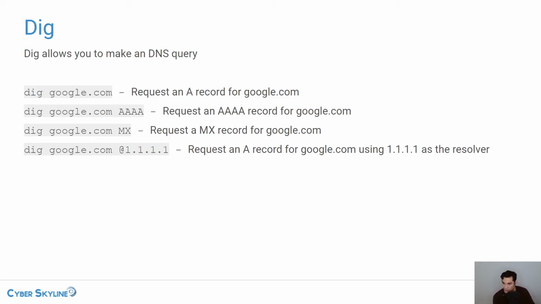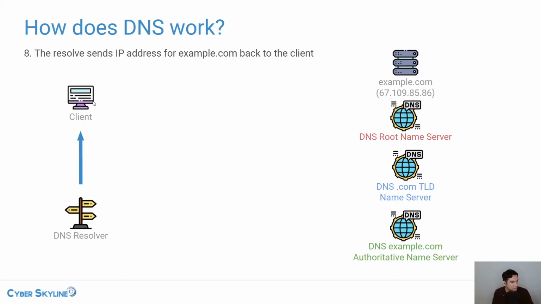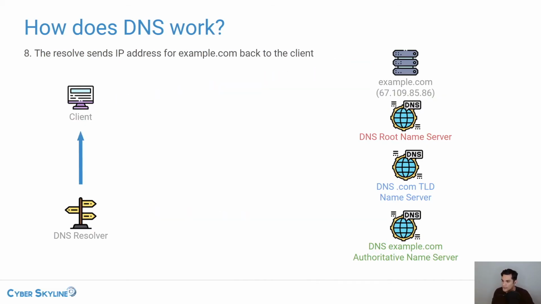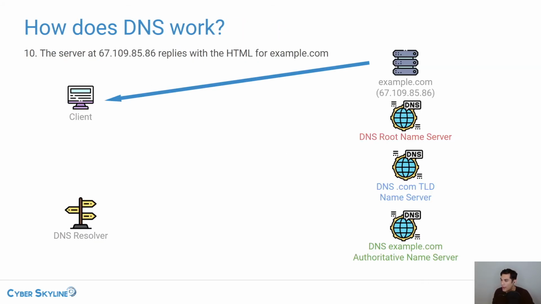The default is the A record, so if you want to do an IPv6 address, you need to do the quadruple A. If you wanted to look for a mail record, an MX record, you just do google.com and then MX. And then in this final example, we are specifically changing the IP address of the DNS resolver that we're using. Remember that the DNS resolver is your librarian. Your DNS resolver is the server that is actually going and making all of these requests on your behalf.